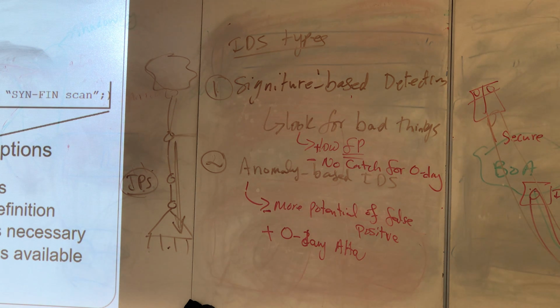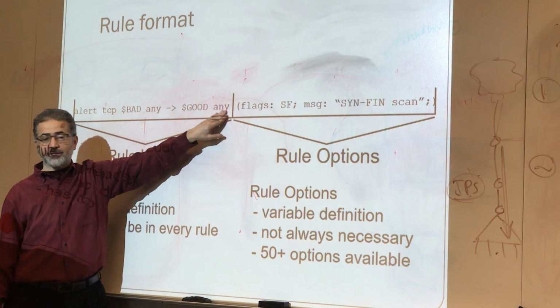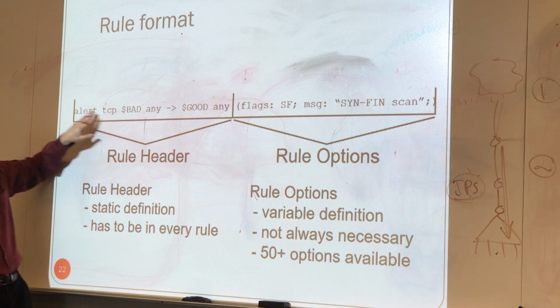It's the same thing: TCP, the protocol. Bad here, bad any. These are IP addresses. They call it bad, which is very misleading. Bad means the IP address of the bad guy. But this is the source IP, source port, going to destination IP, destination port. Same as a firewall. The action is alert.